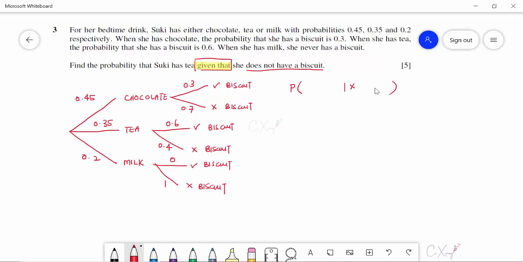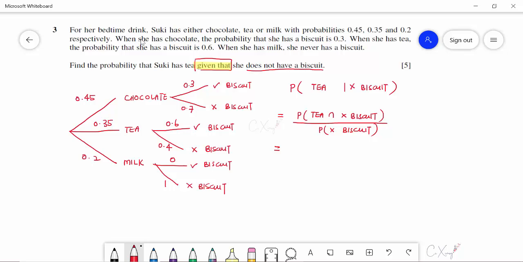What comes first is the probability that she has tea. So for any conditional probability, the correct formula should be the probability of T intersect not having biscuit, divided by the probability that she's not having a biscuit.